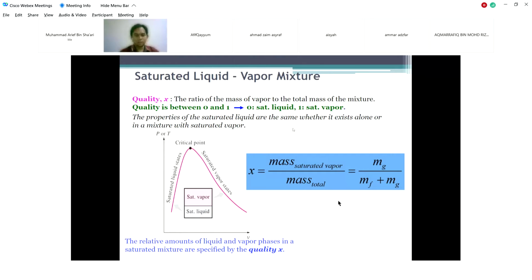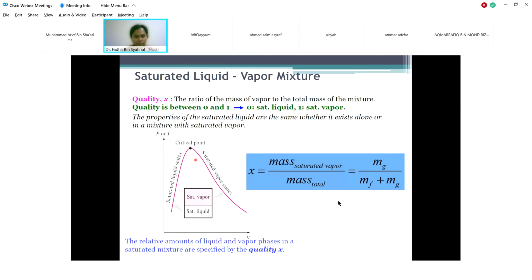For today, we are going to continue the next phase, which is saturated liquid vapor mixture phase. So for this phase, it is located around this region.